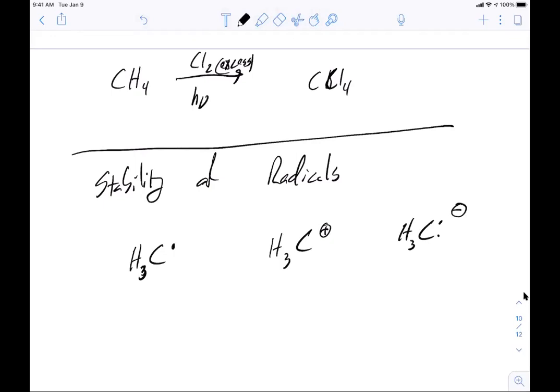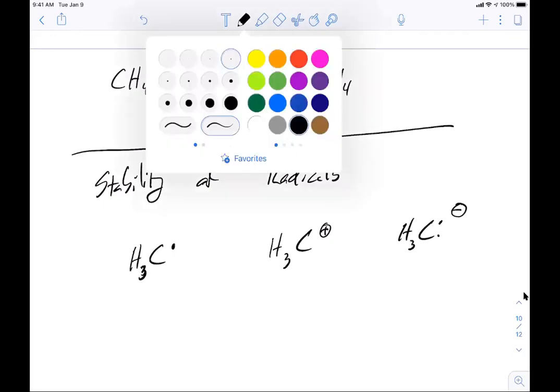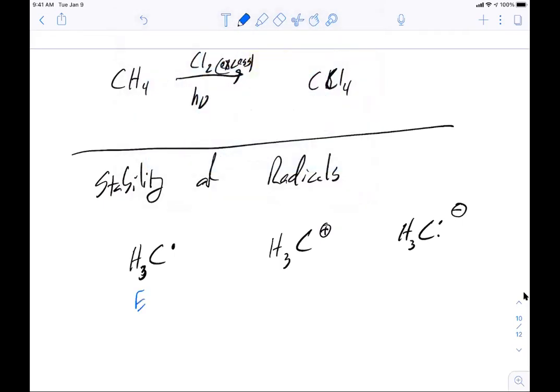Does it have a full octet? No. So therefore, the radical is an electron-poor species. Okay. So it behaves more like the carbocation as far as its electronic nature than the carbanion.